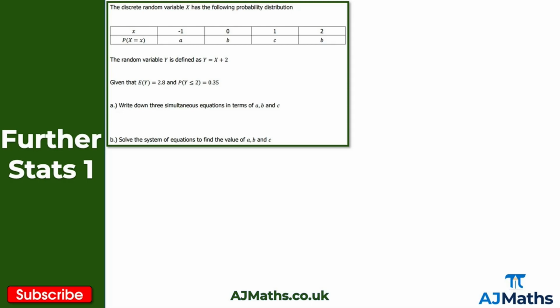So the first equation is definitely the easiest to obtain. And my first equation, so this is for part A, we obtain the first equation by using the fact that the sum of these probabilities here must equal 1. In other words, A plus B plus C plus B must be equal to 1.